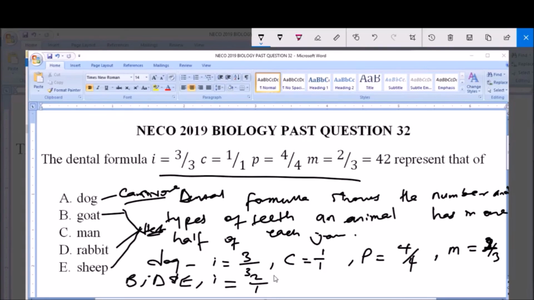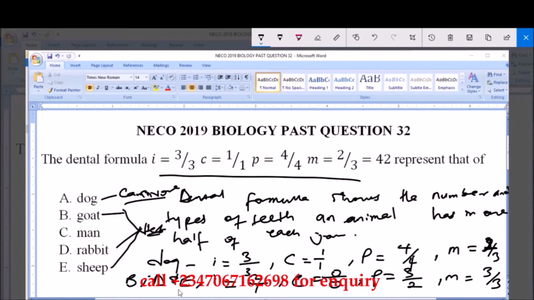That means 2 in the upper jaw, 1 in the lower jaw. Then C, the canine, is 0 over 0, meaning that they have no canine. Then P, the premolar, is equal to 3 over 2. So in 1/2 of the upper jaw they have 3 premolars, and in 1/2 of the lower jaw they have 2 premolars. And then M, molar, is equal to 3 over 3. That is, in 1/2 of the upper jaw they have 3 molars, and in 1/2 of the lower jaw they have 3 molars.